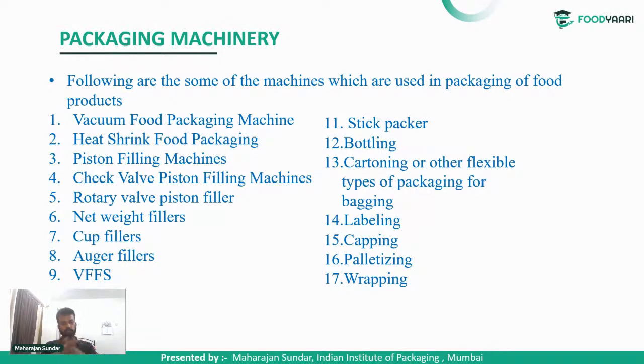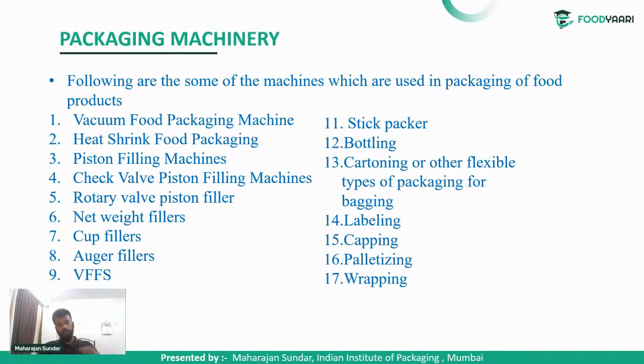There are different types of packaging machines used in the packaging industry, food and beverages industry. We will look at some of the mentioned things here. Generally, vacuum packaging food packaging machines are involved. For example, for chips packaging, the packaging material will come in and the package will be formed and sealed, and the gases present inside the formed flexible laminate will be sucked out, and the product will be filled in it.